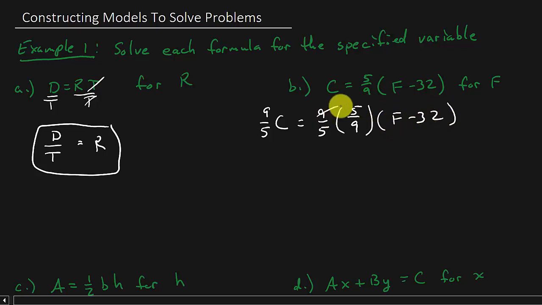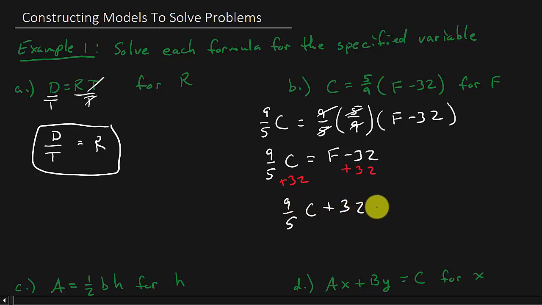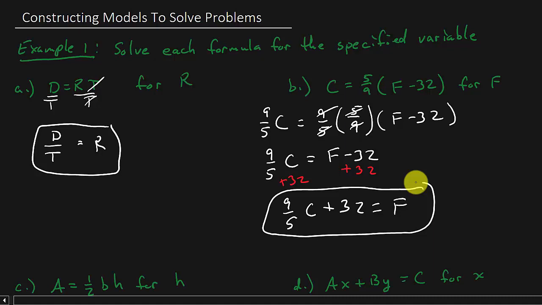The 9 and the 5 cancel, so I'm left with 9/5 times c, and then this is just 1 right here, so 1 times this is f minus 32, and then I'll add 32 to both sides, and so that's going to give me 9/5 c plus 32 equals f. And there's my answer. So what it did, it kept us from having to divide by 5.